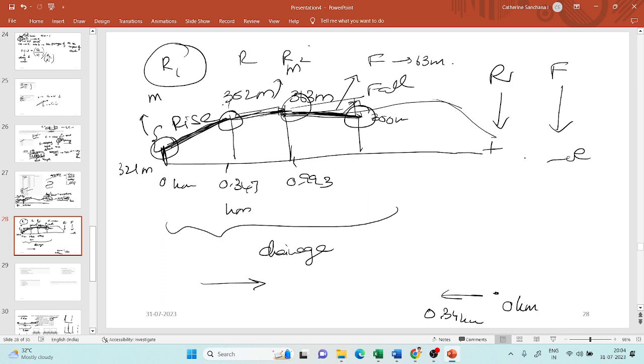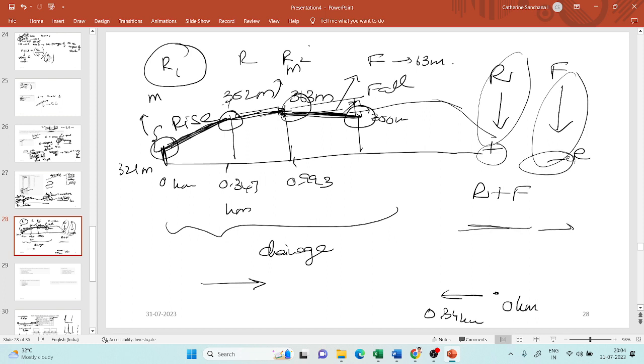So the total change in the gradient will be rise plus fall, the algebraic sum. So add all this up. This is positive, this is negative. If you take the algebraic sum, you will get the total increase or decrease in gradient in meters.